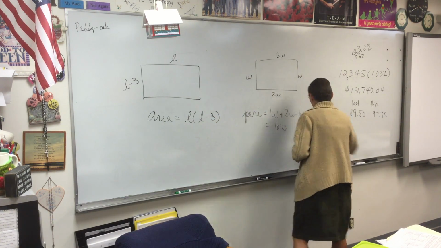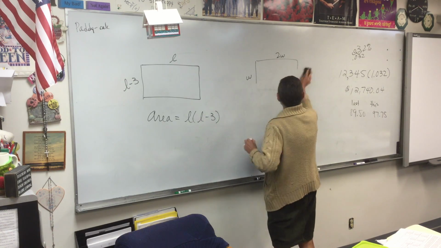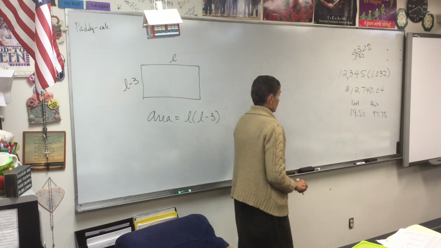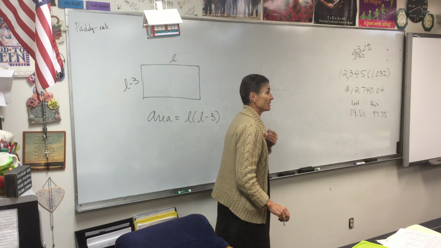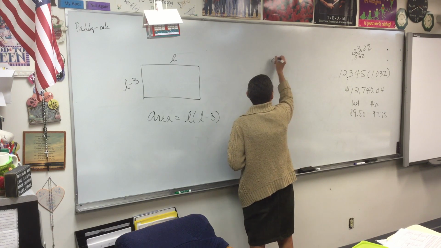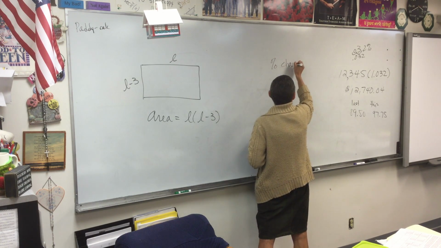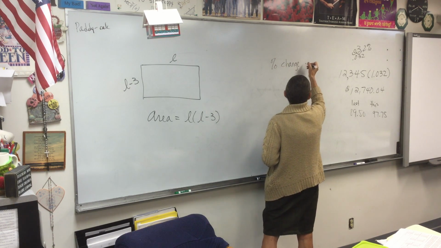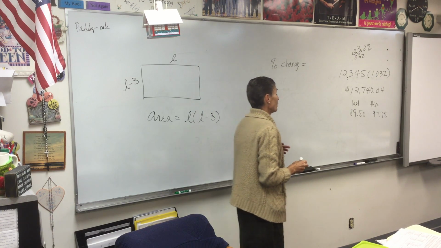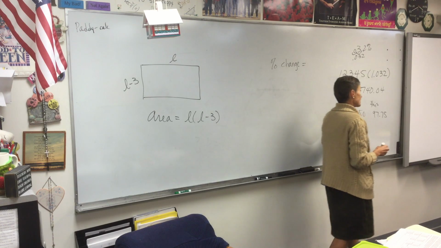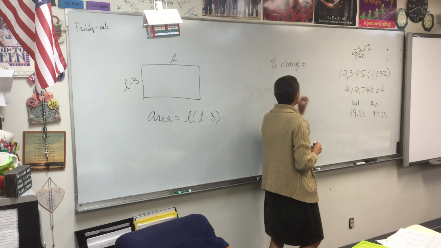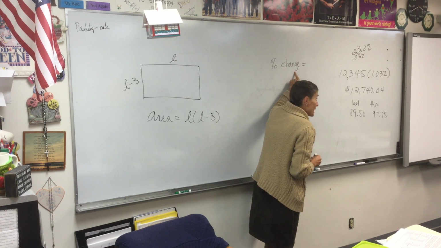Does anybody remember from first year algebra how you find percent of increase or decrease? You are close. What that would do is tell you last year's price was what percentage of this year's price. It doesn't give you the percent change.